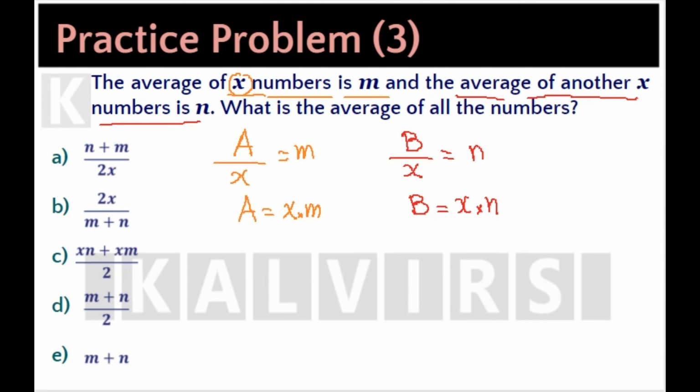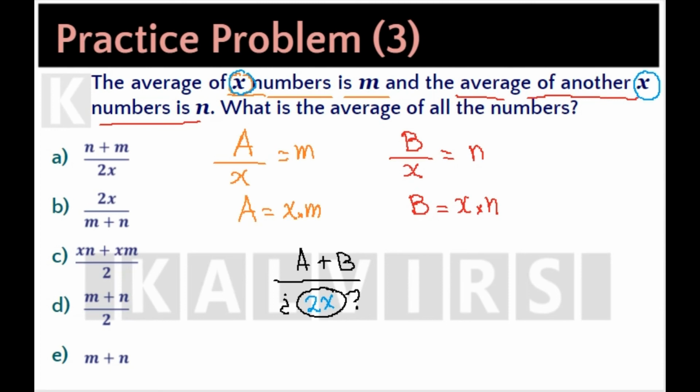Well, finally, the average of all numbers is equal to the total sum, which is a plus b, over the total number of numbers. But what is the total number of numbers? Total number of numbers is the first x numbers plus the second x numbers, 2 times x.